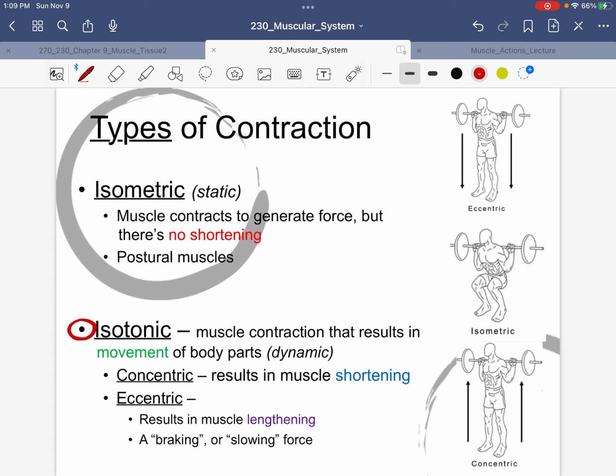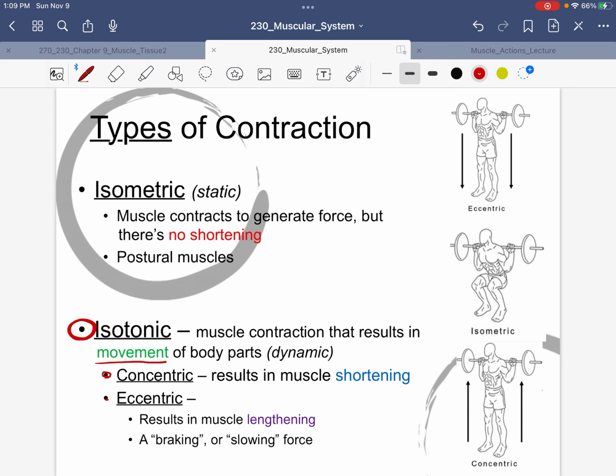An isotonic contraction is a contraction that results in movement. Either I flex a joint, or I extend a joint, or I abduct, or I adduct, or I rotate, or I elevate, or I pronate, or I dorsiflex, whatever. That's what you think of. The traditional contraction that results in muscle movement is isotonic.